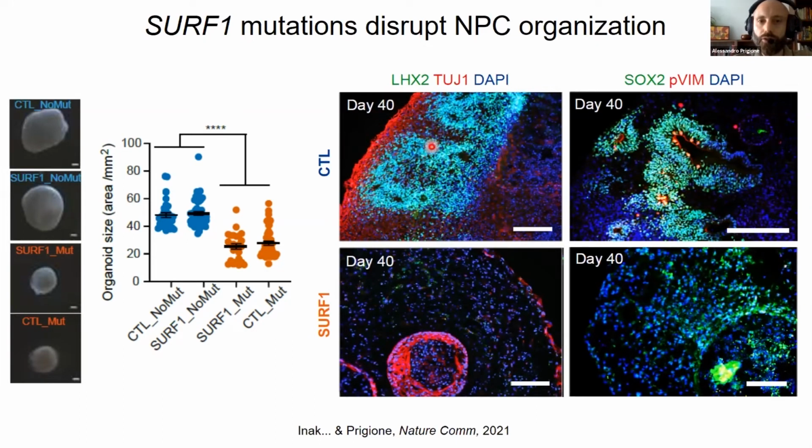And you see in the control, there's a nice organization and distribution of these LHX2 or SOX2 progenitors. They make these neurogenic zones and phosphovimentin at the apical layer of the neurogenic zones. But this is basically disrupted in the Surfl organoids. So the organization is disrupted. So basically they are smaller because they are not able to make the proper development.